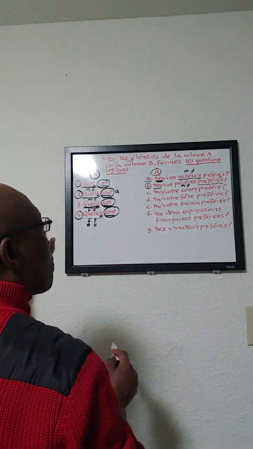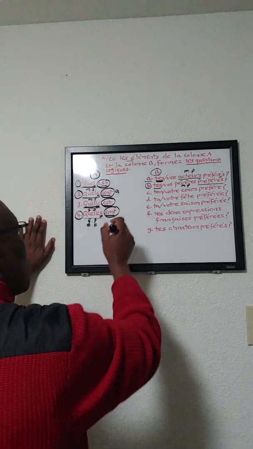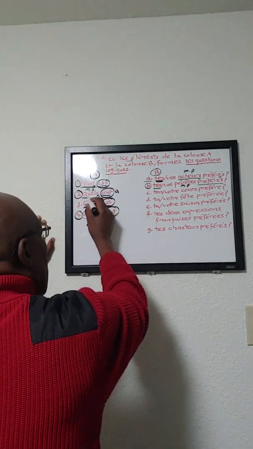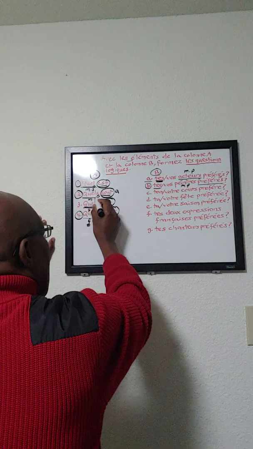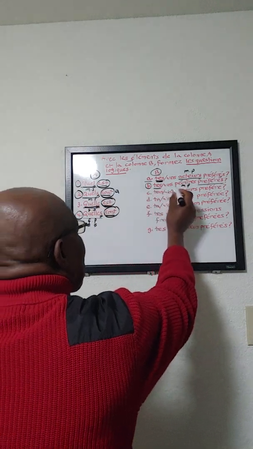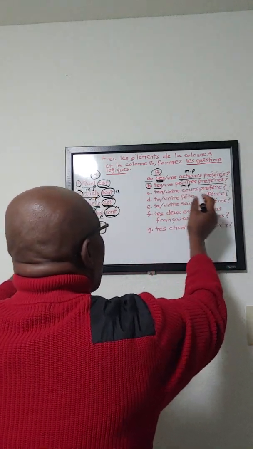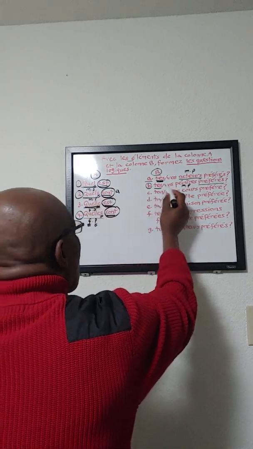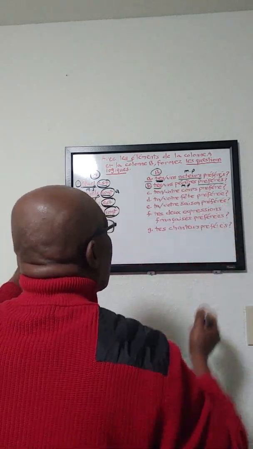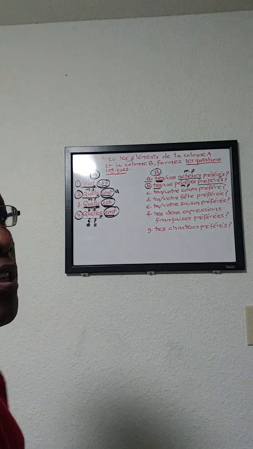So you can still use number 2 with B because you have masculine plural. So you will say, quels sont tes peintres préférés? Quels sont vos peintres préférés? Peintres means painters.